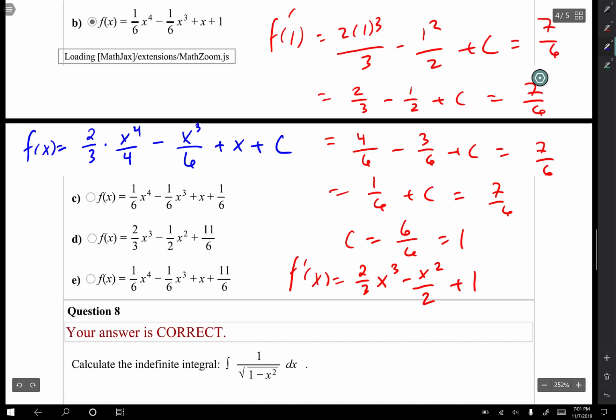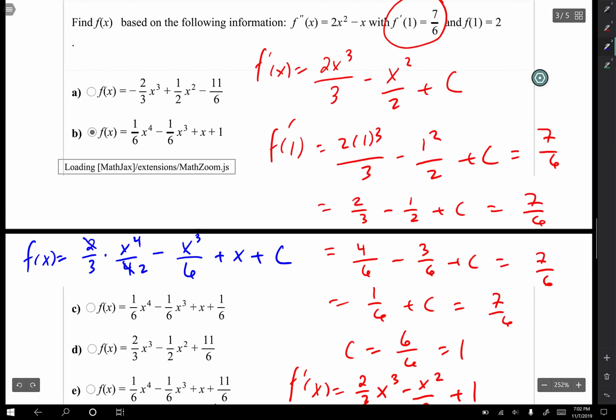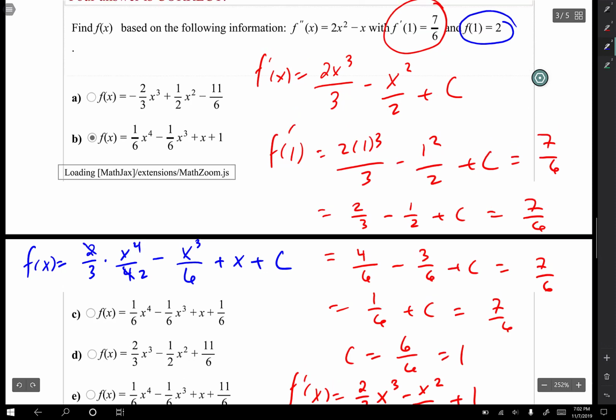So my f of x, I'm going to write it over here next to question 8. F of x is, let's see, 2 goes into 4 twice, guys. So 3 times 2 is 6. So x to the 4 over 6 minus x cubed over 6 plus x plus c. I'm going to plug in 1 and set it equal to 2 because that's what f of 1 is.